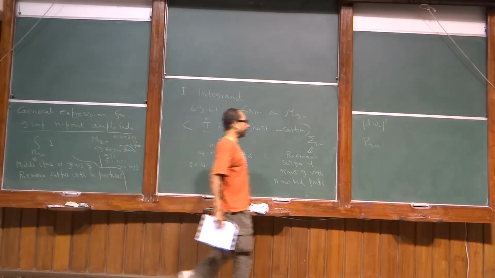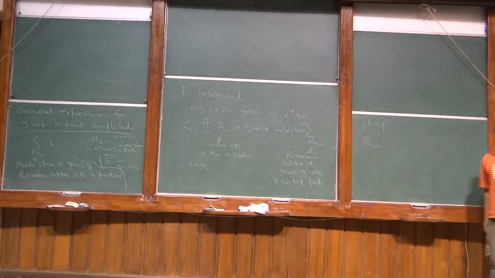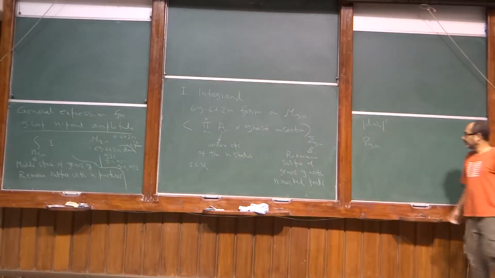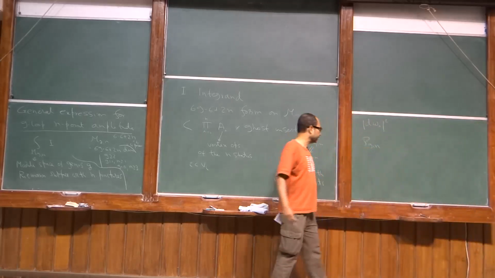Okay. So let me try to describe in abstract terms what is happening and what is the best way to think of this. So we introduce a new space PGN, which is actually an infinite dimensional space.